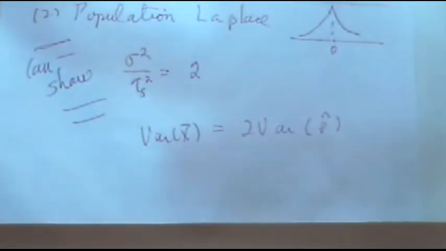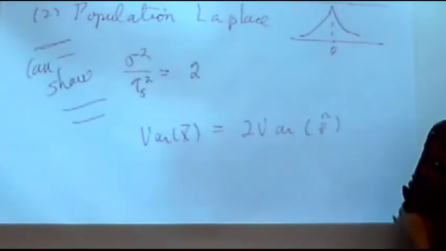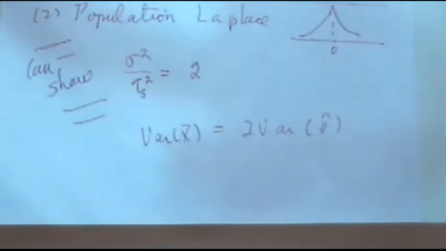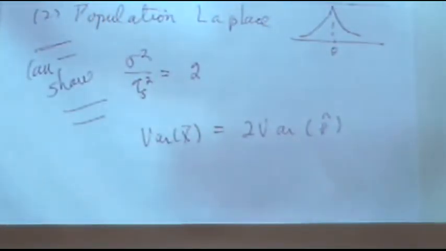Okay. Well, before we do anything, let's talk about the signed rank Wilcoxon, and what's its ratio? Well, the variance of theta hat divided by the variance of x bar is tau squared.